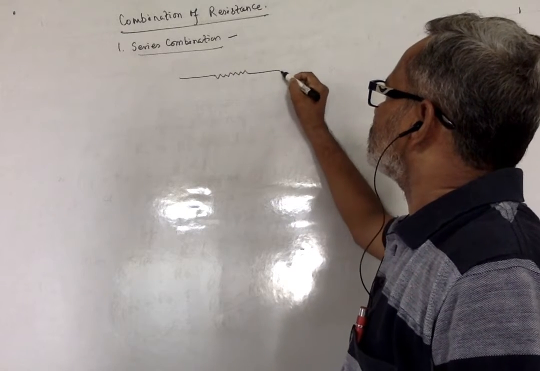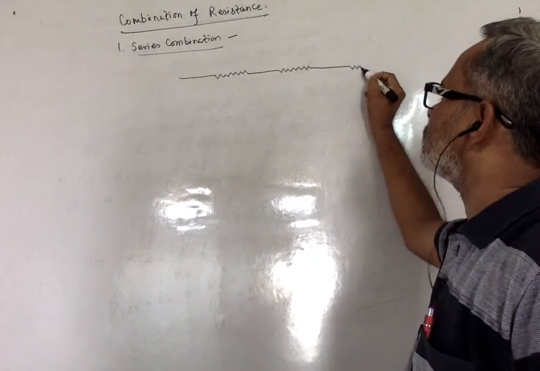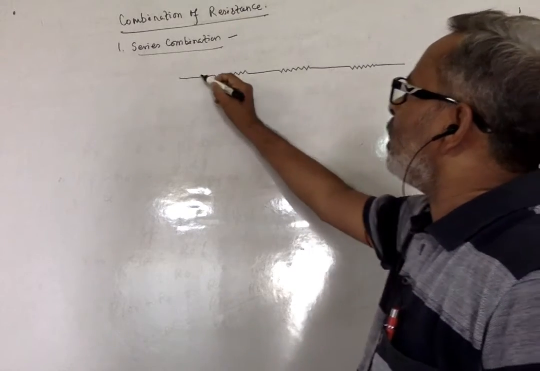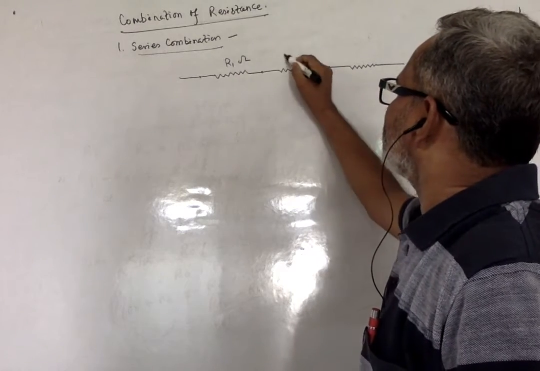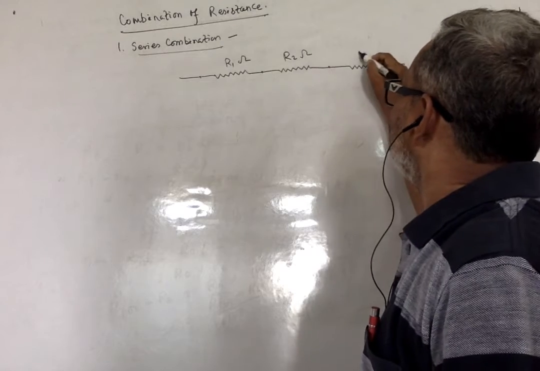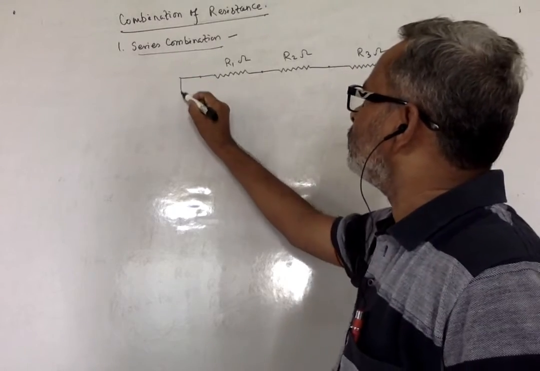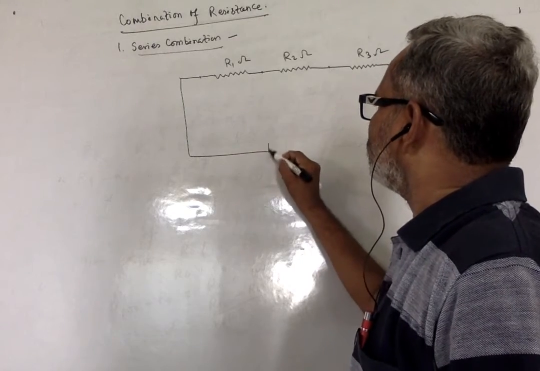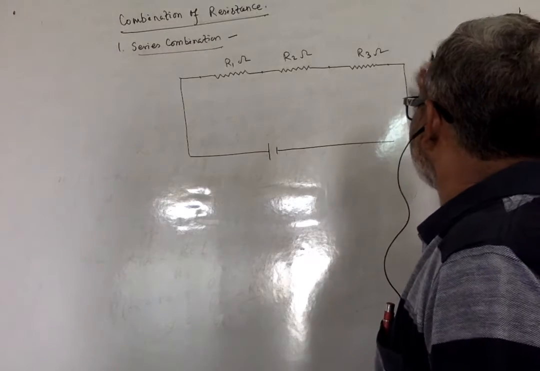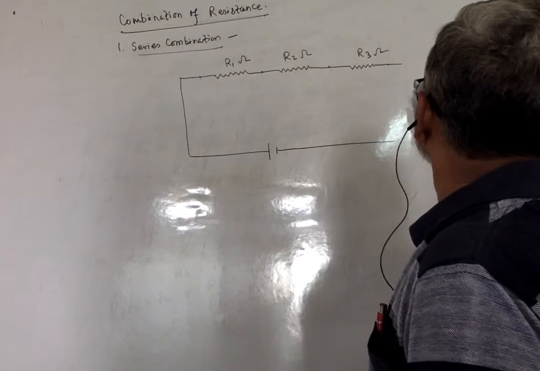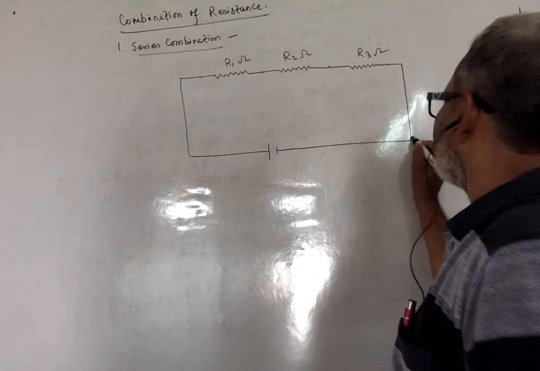such as we combine the three resistances R1 ohm, R2 ohm and R3 ohm. In series combination, the same current flows through all the resistances.